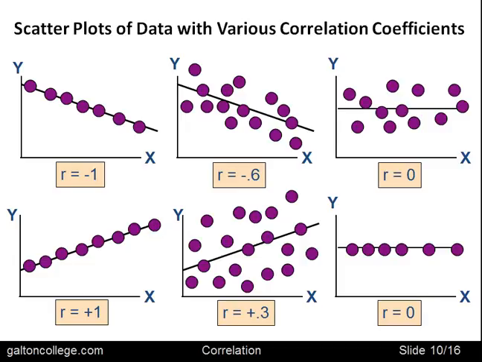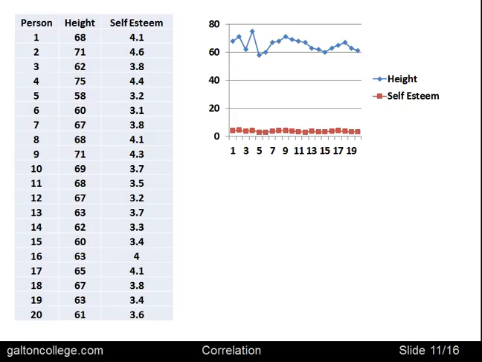Now if we look at a calculation here, let's say we have people in a class, just pretend, and let's say we have 20 people in the class, and we measure their heights in centimeters. And we also have some sort of psychological index for measuring their self-esteem, how they see themselves.